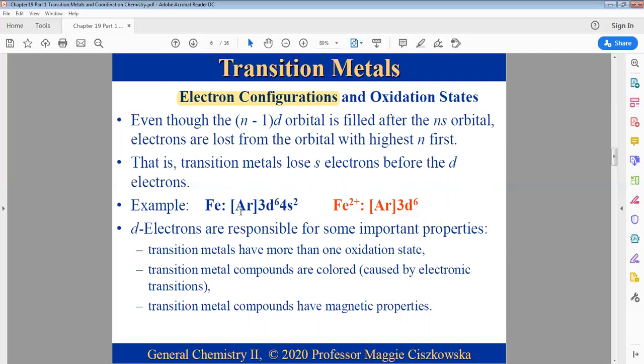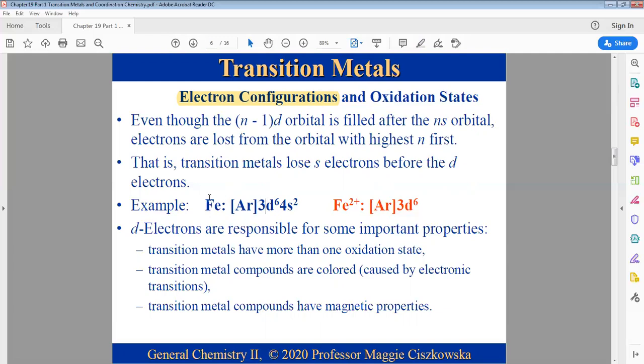If I ask you to write electron configuration, I will ask you for the full electron configuration. Here, this is an abbreviated version. So we have the configuration of argon, and then we have 4s2 and 3d6. This is how you see those electrons in the periodic table.